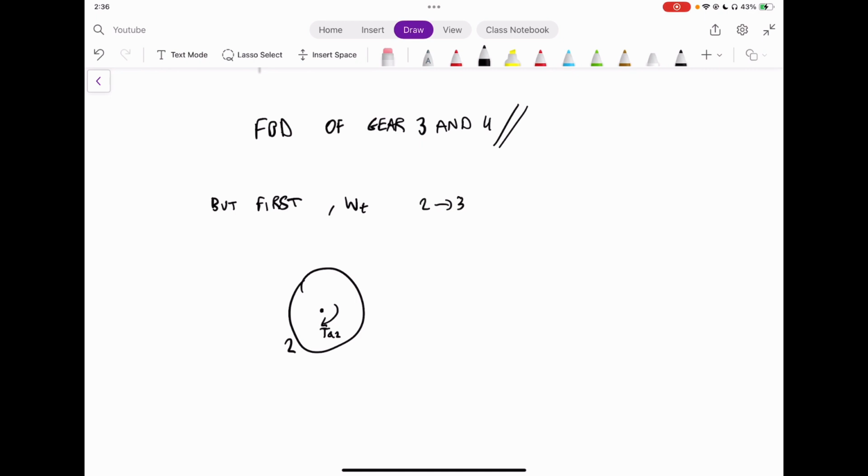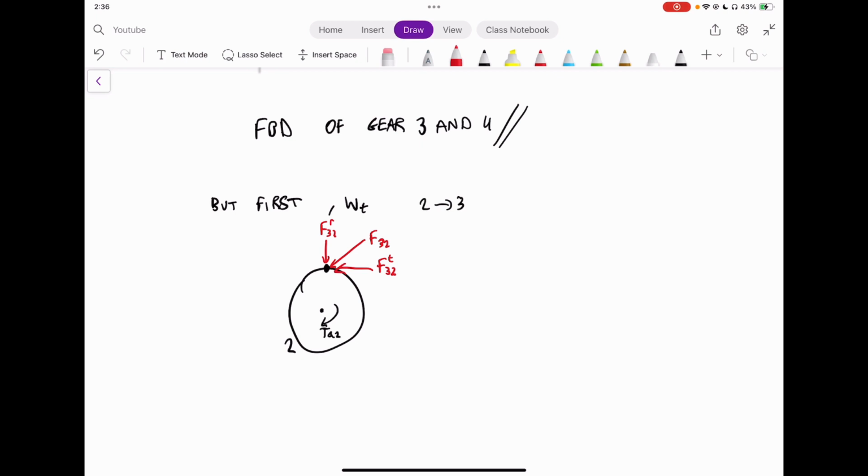And we know there's one contact point on gear 2, and that contact point would have a force of F32 onto the gear, and then that means that there's an F32R and an F32T as a reaction from gear 3 to gear 2.